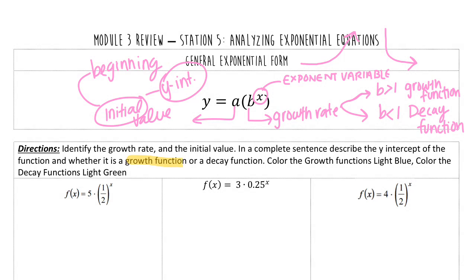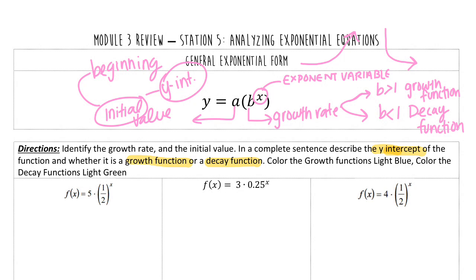Okay, so they want to know the growth function or if it's a decay function, but they also want to know what the y-intercept is, so that's important to know. Color the growth function light blue and color the decay function light green. So if you finish, you can go ahead and do that. But the focus here is more for you to be writing about what the intercept is and whether it's a growth or decay function.